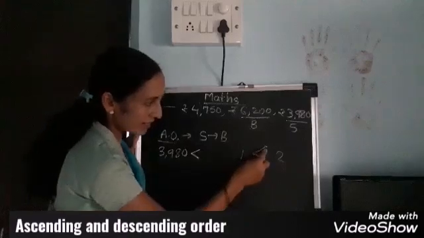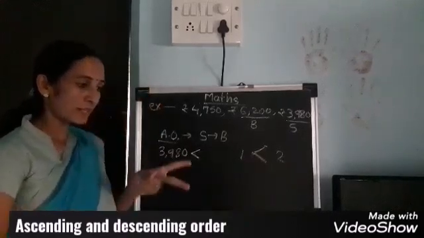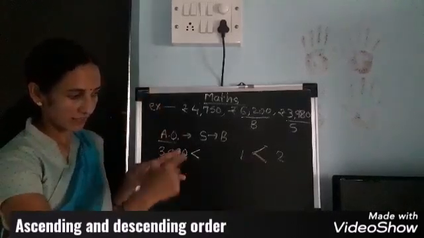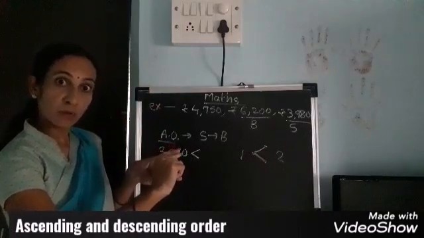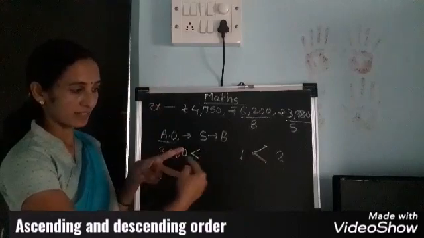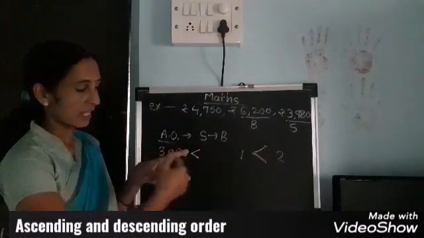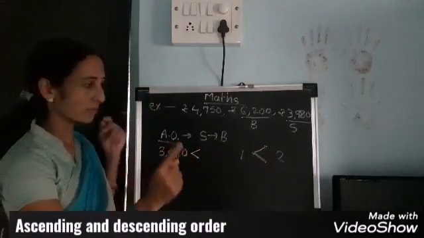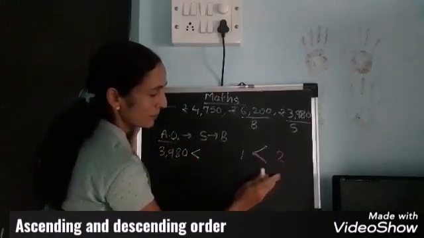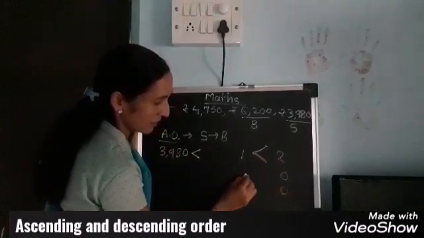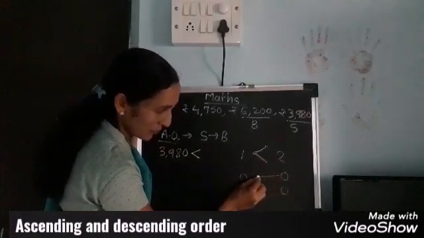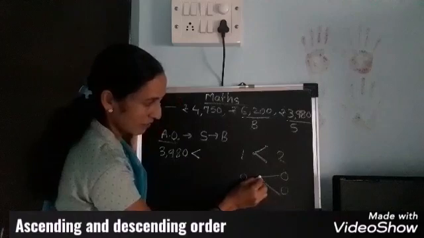Another way, see here space. If you make your fingers in the same shape, here more space, more place, so on this side we have to write the bigger number and on this side the smaller number. How? Suppose I have taken 2 dots here and 1 dot here.